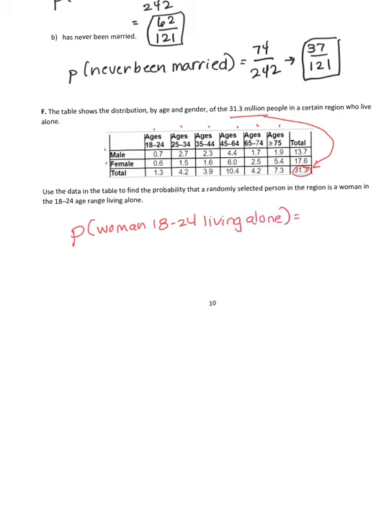When we look at the chart, we're looking for female, and in that first age bracket, we're at 0.6 million. Out of the total in this study, we're at 31.3 million. We want to simplify that. Million divided by million, we can cancel.